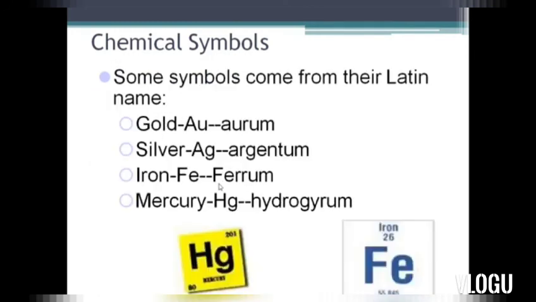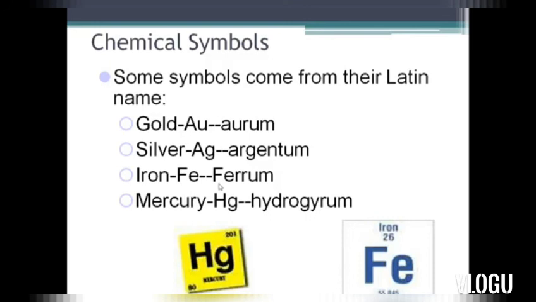Okay? And chemical symbols. Some symbols come from the Latin word name or their name. Gold, Au, from aurum. Silver, Ag, argentum. Iron, Fe, ferrum. And mercury, Hg, is hydrargyrum. Okay?